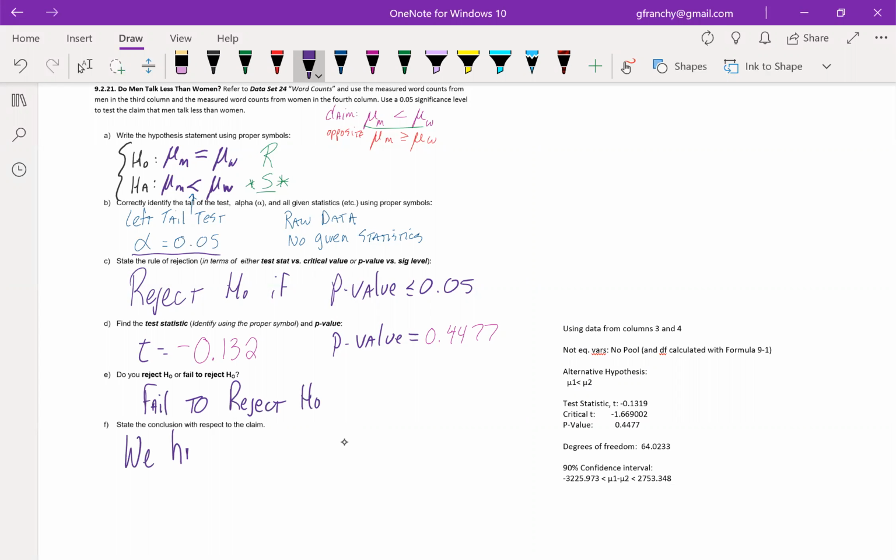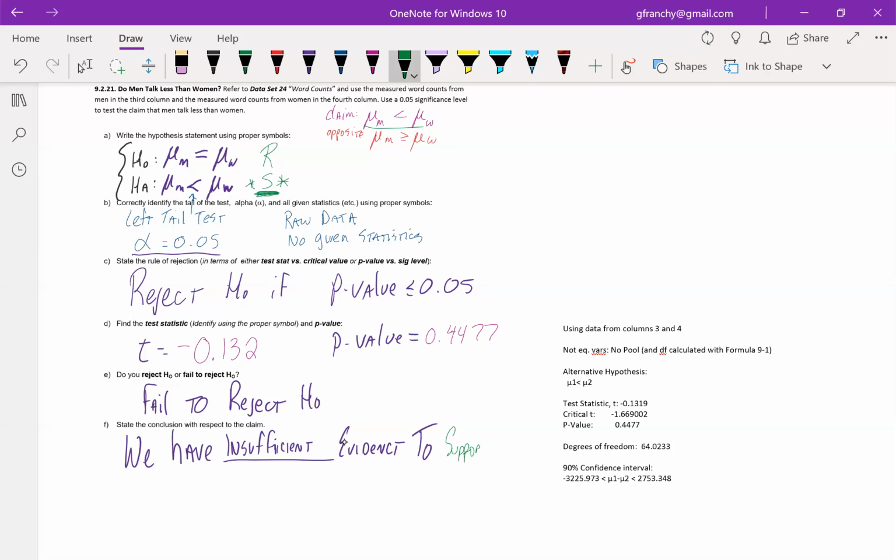And when we fail to reject the null hypothesis, that is when we have insufficient evidence. We don't have the evidence to, we noted the S is for support.